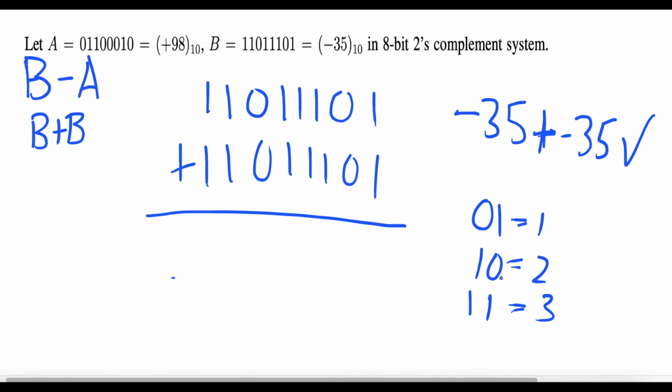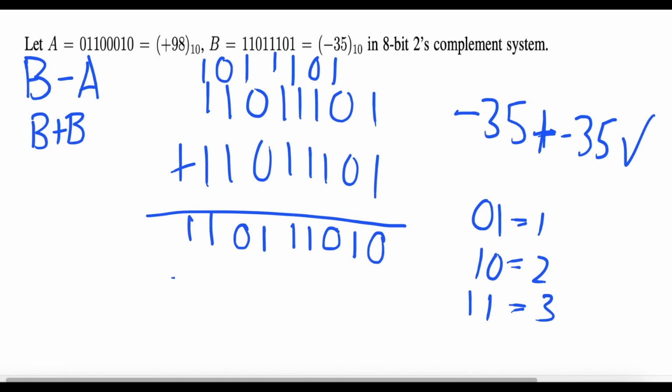So 1 plus 1 is equal to 2, and we know 1, 0 is equal to 2, so we're going to put a 0 here, carry the 1, then we get a 1, put a 1 here, carry the 0, we get a 0 plus 1 is equal to 2, we get a 0 here, carry the 1, then we get a 3, 1 plus 1 so we get a 1 here, carry the 1, we get a 3 again, 1 here, carry the 1, 1 plus 0 is equal to 1, so then we're going to put a 1 here, carry the 0 over, 0 plus 1 is equal to 2, so we're going to put a 0 here, carry the 1 over, and then we get a 3, so then we get a 1, 1.